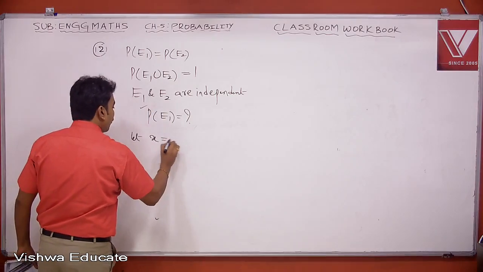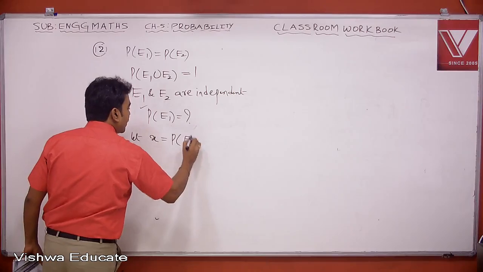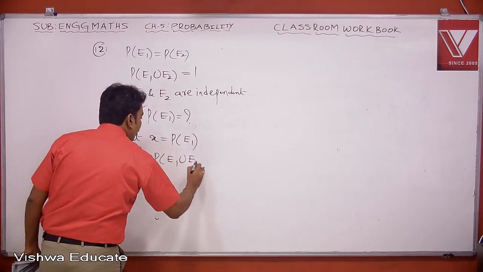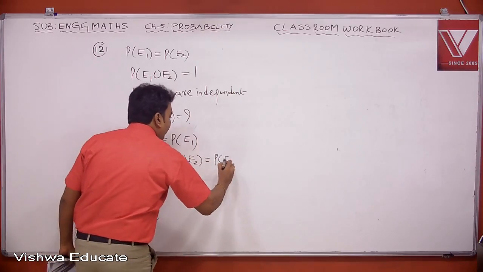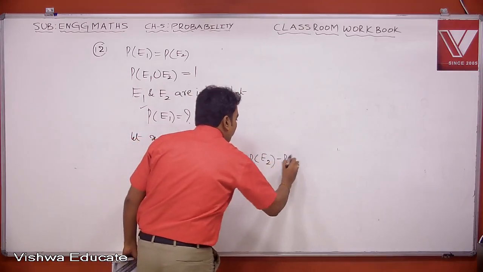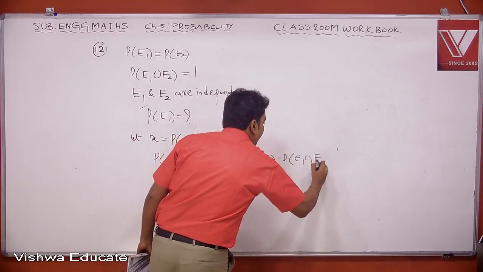So let X equal to P of E1. Now let us apply the addition theorem on probability. P of E1 union E2 equals P of E1 plus P of E2 minus P of E1 intersection E2.